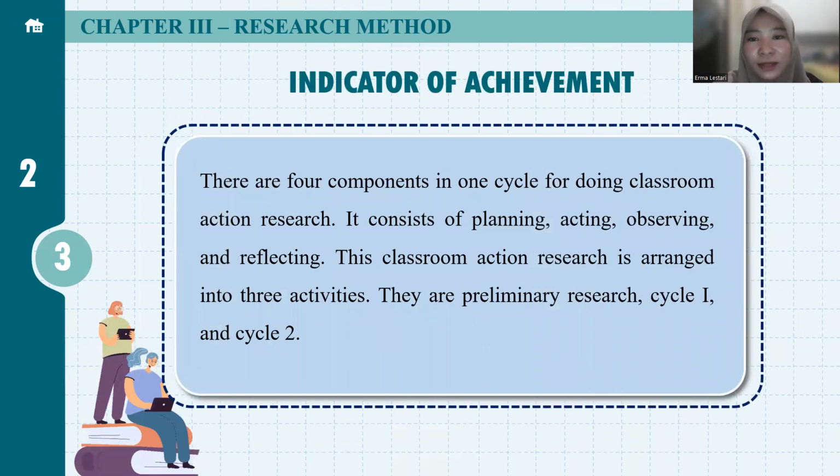Okay, for the indicator of achievement, there are 4 components in one cycle of doing classroom action research. It consists of planning, acting, observing, and reflecting. This classroom action research is arranged into 3 activities. They are preliminary research, cycle 1, and cycle 2.